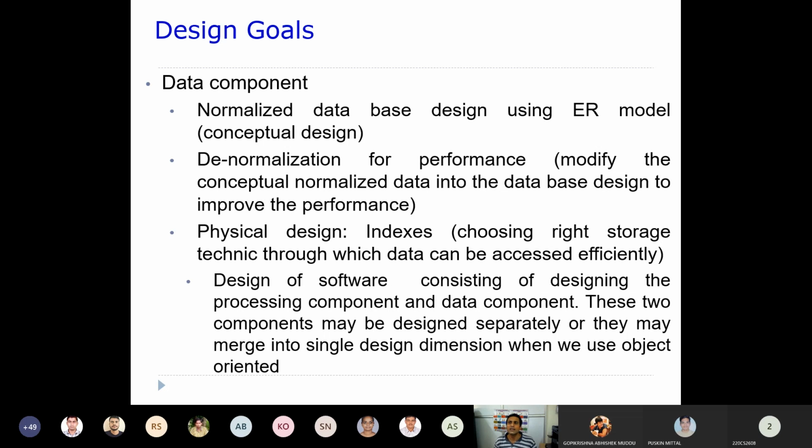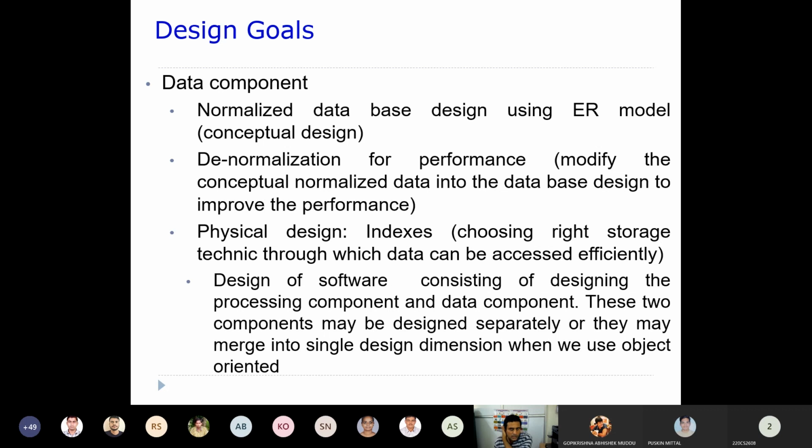Because here we talk in terms of objects, and each and every object encapsulates data as well as its methods. So everything is together here. That is why you merge both the data component and the processing component together in this sort of design.